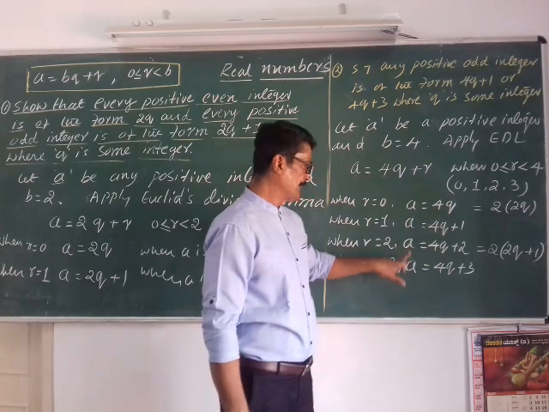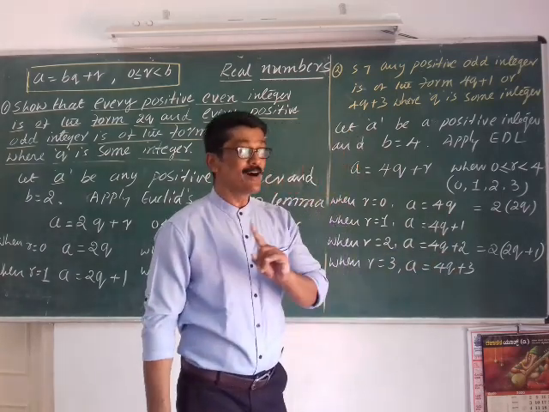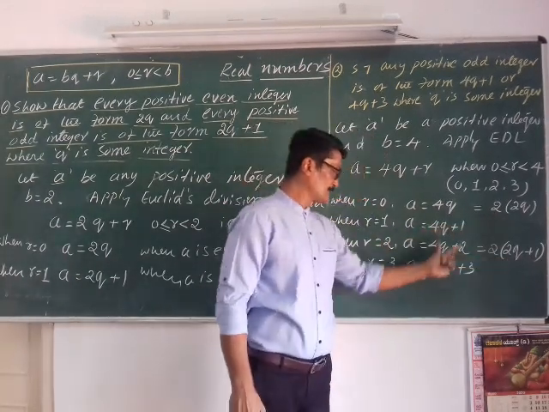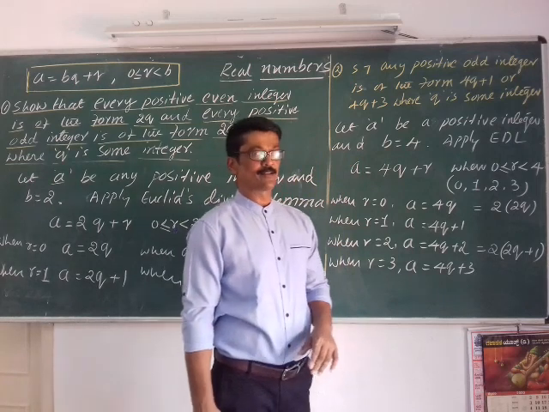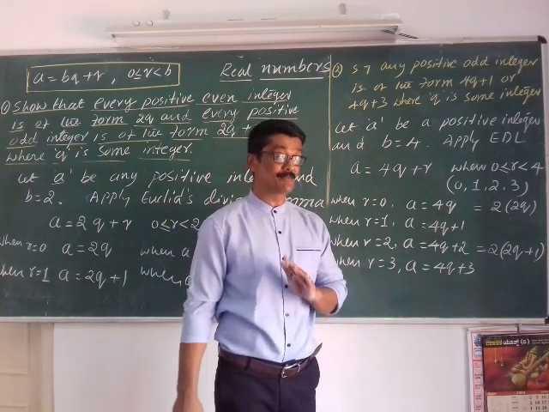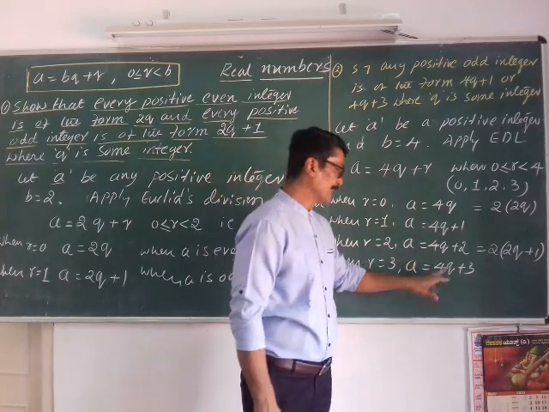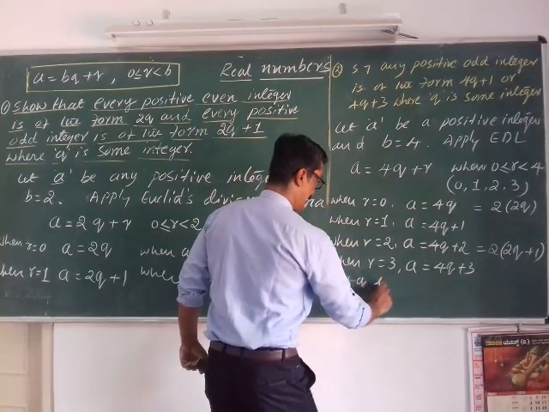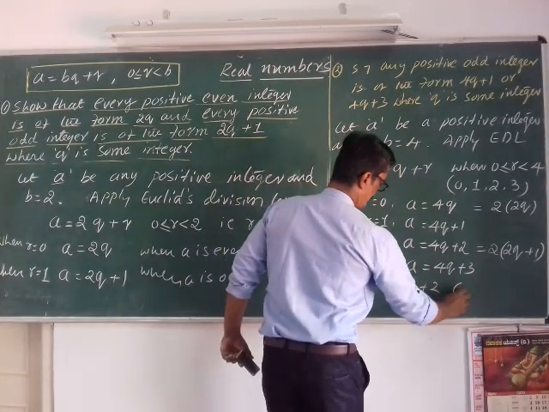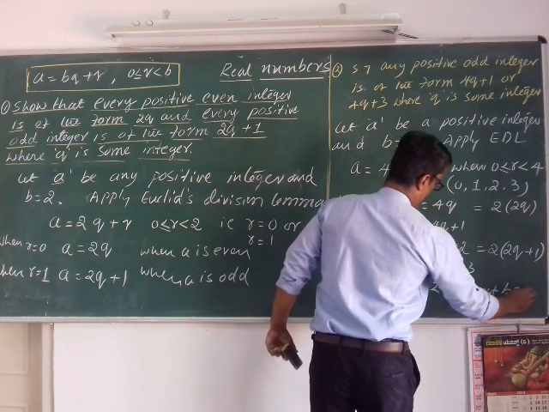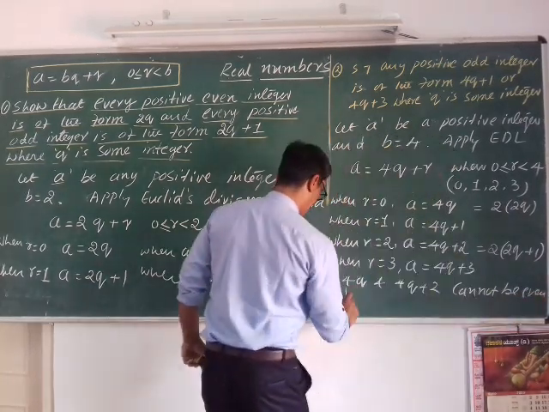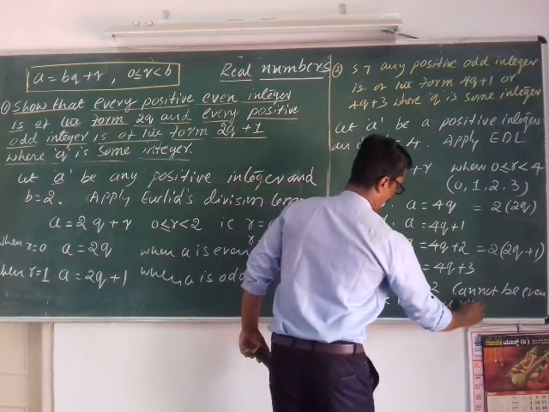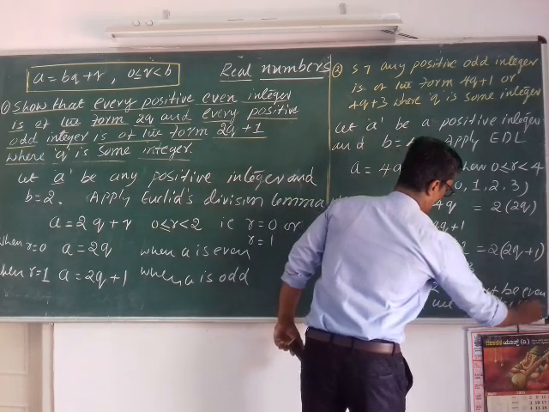See, 4q and 4q plus 2 cannot be odd because they are multiples of 2. 4q plus 1 and 4q plus 3 are not multiples of 2, not divisible by 2. Therefore, they are odd numbers. So, 4q and 4q plus 2 cannot be odd because they are multiples of 2.